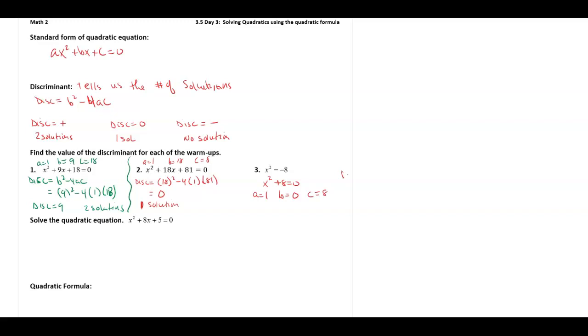So when I evaluate the discriminant, I get b squared, which is 0 squared, minus 4 times 1 times 8, which gives you negative 32. And if your discriminant is negative, right away, you can put no solution.